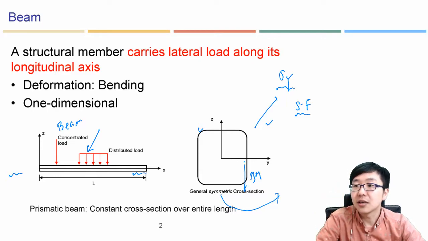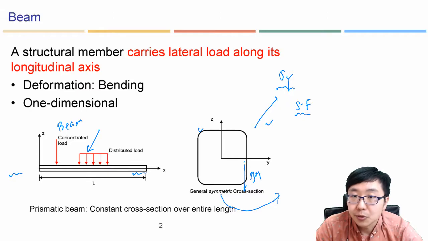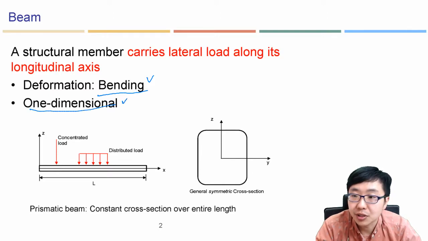So here they are talking about a structural member that carries lateral load along its longitudinal axis. So here, as we can see, the important keywords are bending and one dimension. This represents a slender structure.